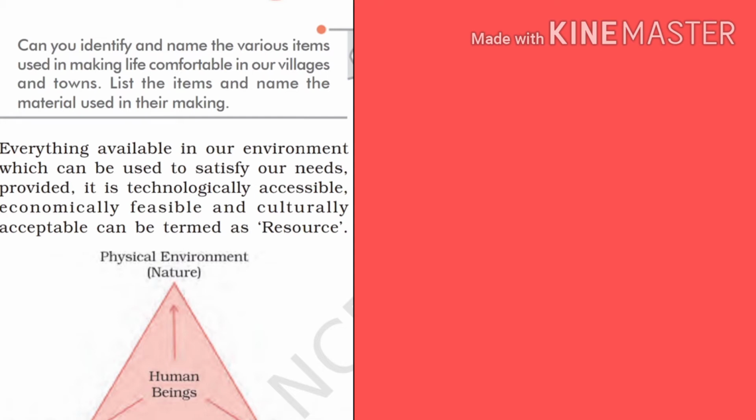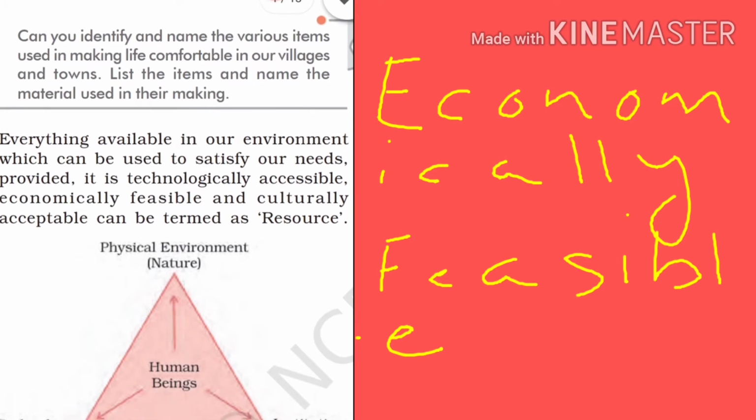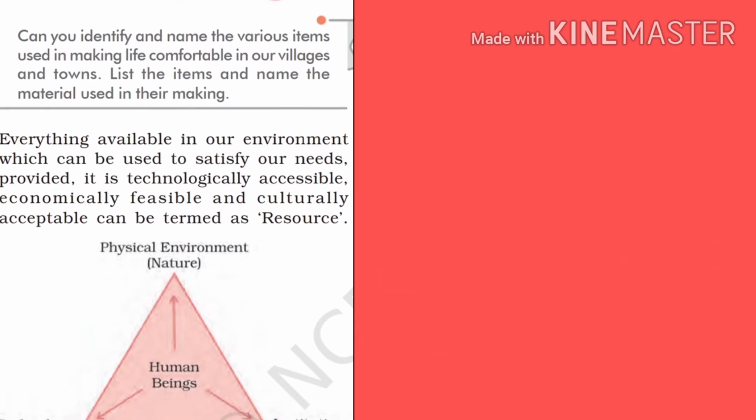Next comes the economically feasible. Economically feasible means for extracting silver from the silver mine we have to spend some money. After extracting that silver we have to send it to different industries or other places to make it into a finished product.